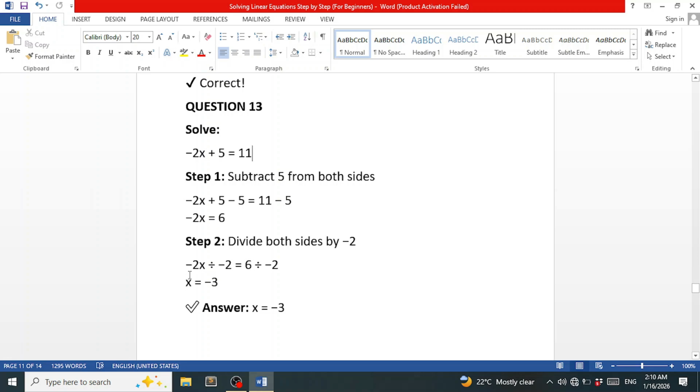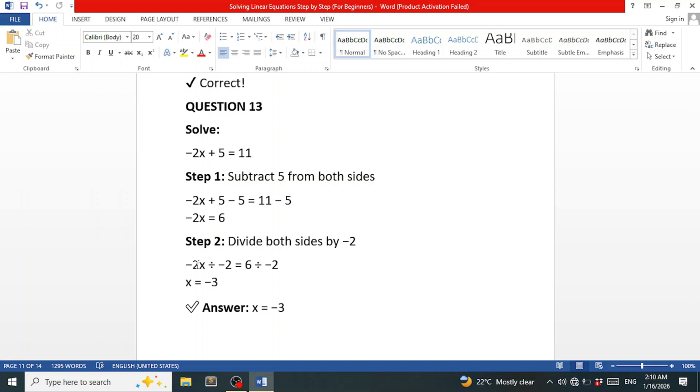Simply I'm saying that negative 2 will be divided by this negative 2, and then we remain with x, okay? Because a negative divided by a negative, we get a positive number. Those are principles or rules in mathematics. You must understand that, okay?